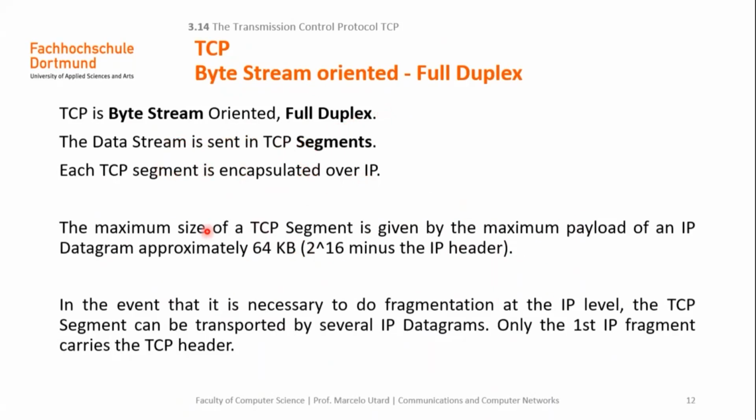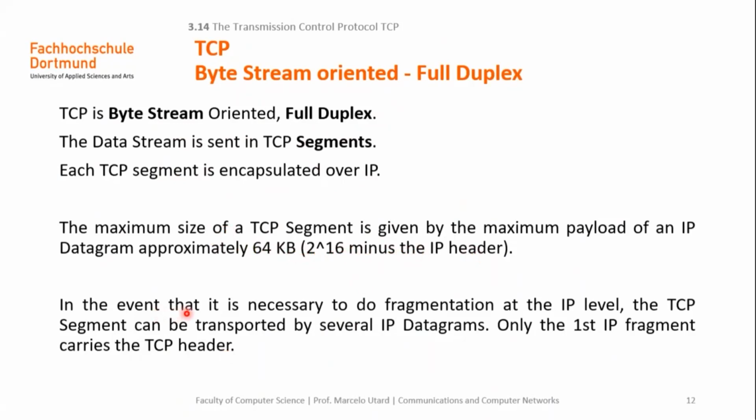The maximum size of a TCP segment is given by the maximum payload of an IP datagram, approximately 64 K bytes, that is 2 to 16 bytes minus the IP header, typically 20 bytes.